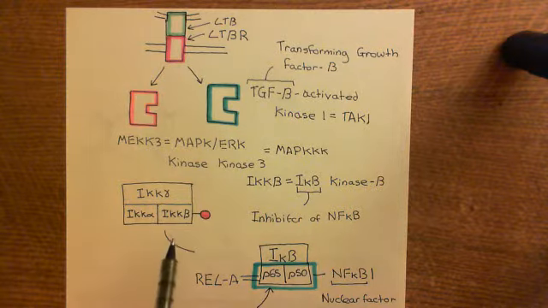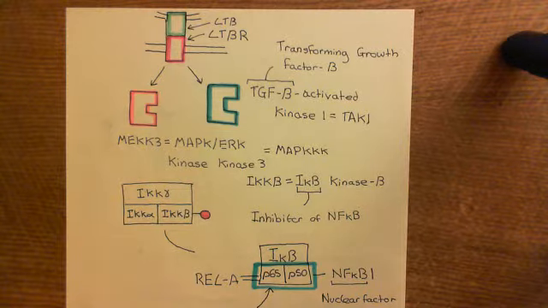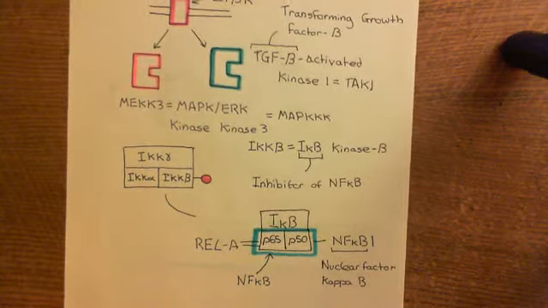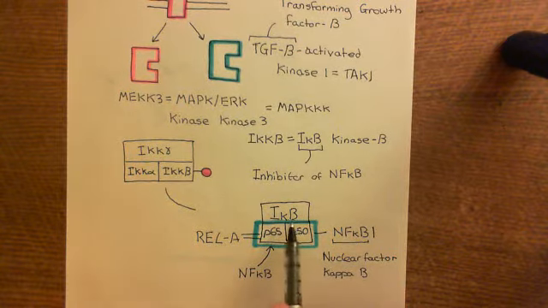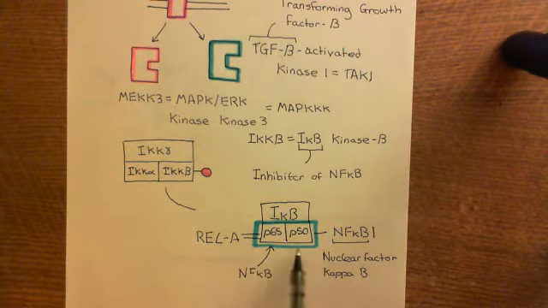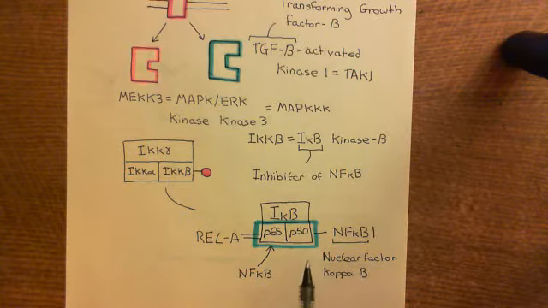And when you phosphorylate specifically the inhibitor of NF-kappa B kinase beta within this complex, what will happen is this complex will now phosphorylate inhibitor of NF-kappa B proteins, which are sequestering and inactivating our NF-kappa B transcription factor here.